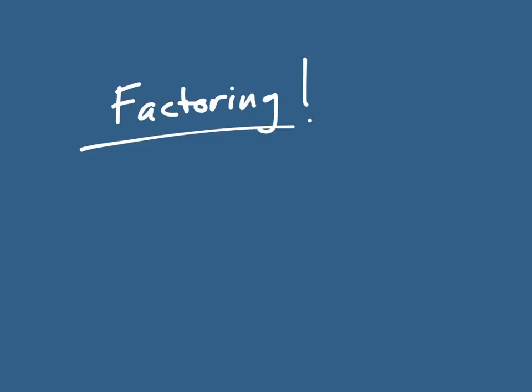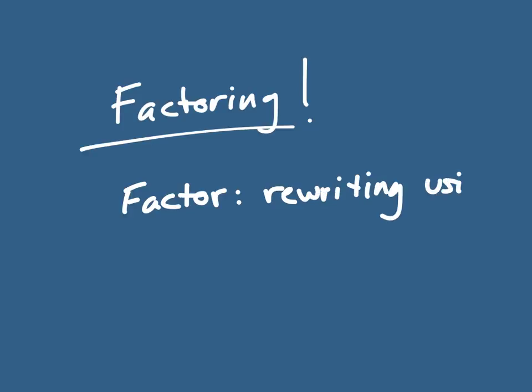The first thing I want to do is think about the word factor, okay? When I'm trying to define that word, I like to define it as rewriting using multiplication, okay?